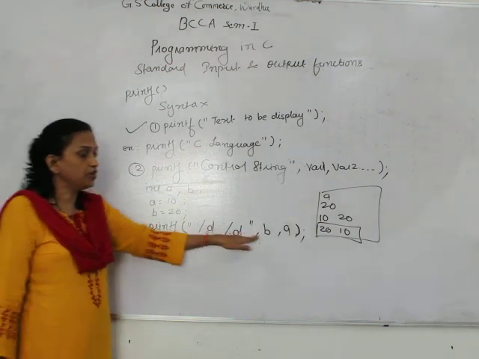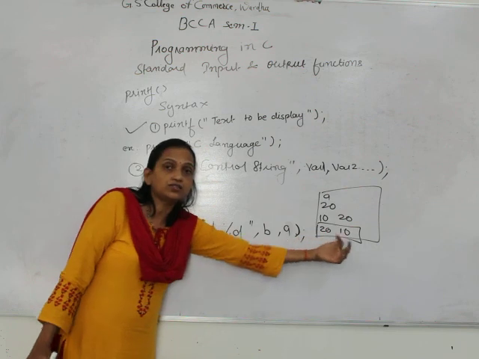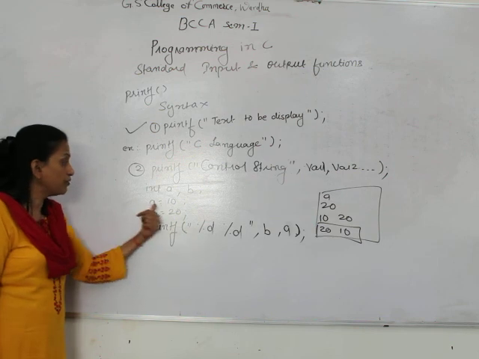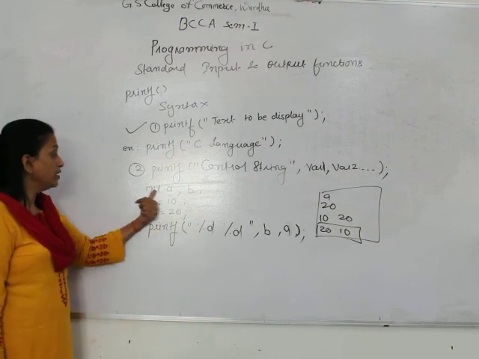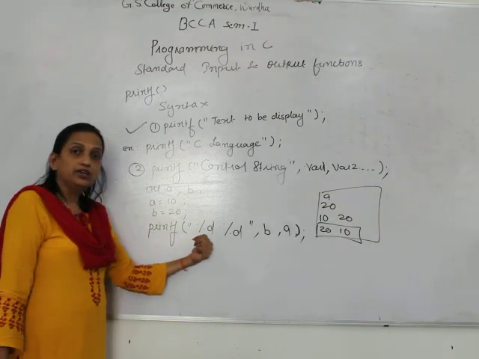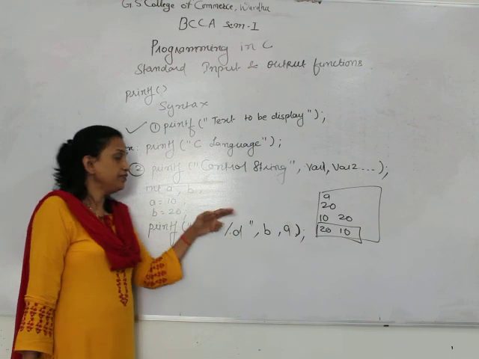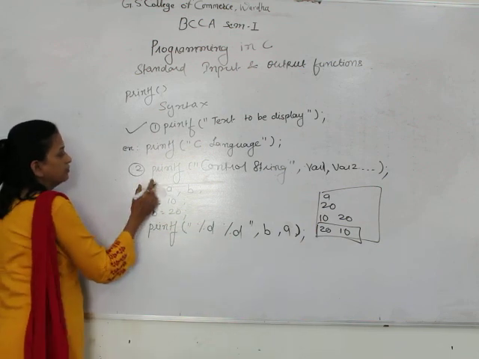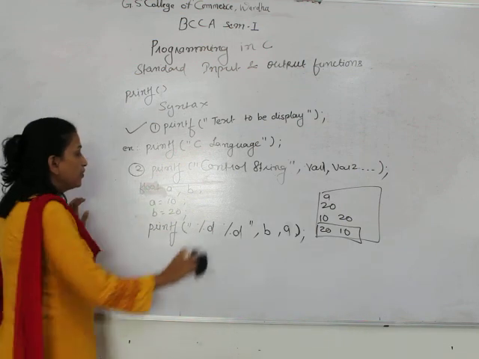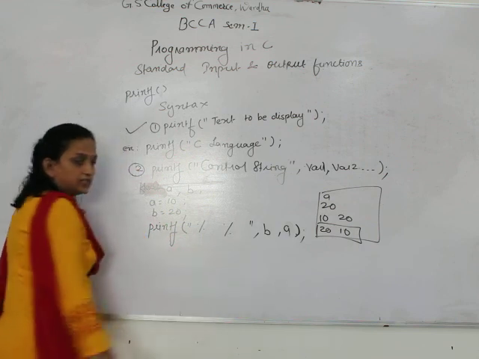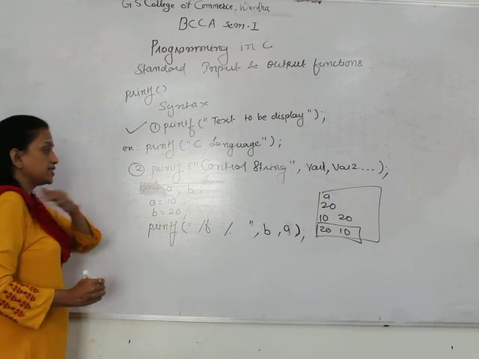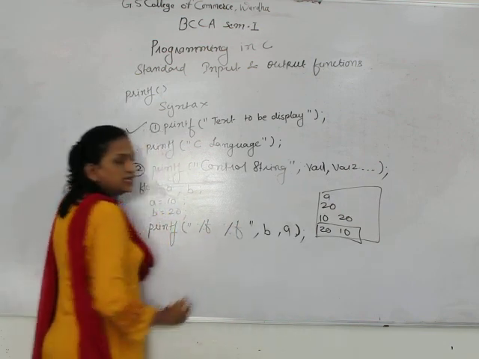Here we are printing two values, and those values are A and B, which are of int type. That's why we have given %d. If both values are of type float, if A is float and B is float, then in such a case we have to specify the control strings as %f and %f.